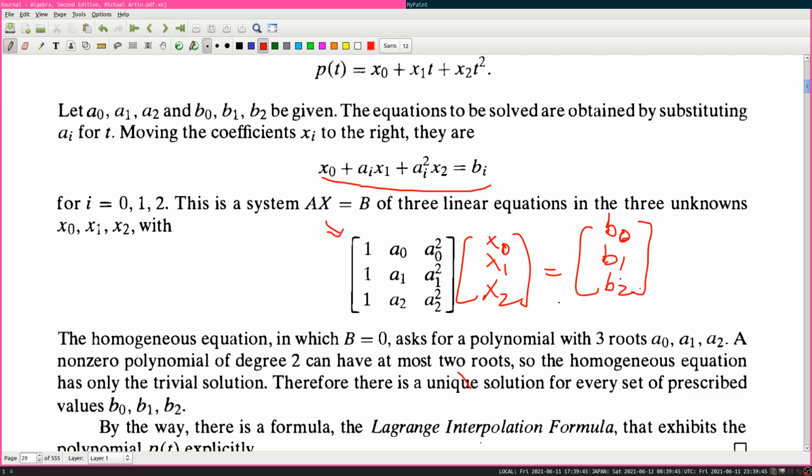The homogeneous equation in which b equals 0 asks for a polynomial with three roots, a0, a1, a2. A non-zero polynomial of degree 2 can have at most two roots, so the homogeneous equation has only the trivial solution.